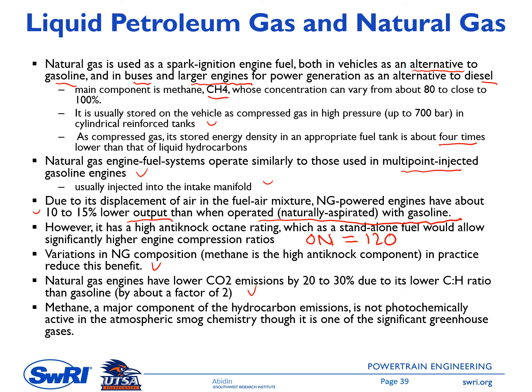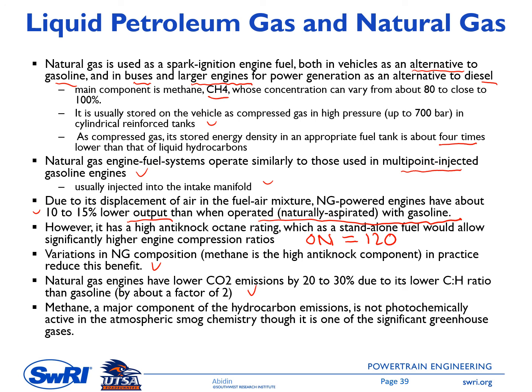And then natural gas engines have a lower CO2 emission by about 20 to 30% due to its lower CH ratio than gasoline. Okay, so natural gas, if it is, let's say, 100% methane, then we have CH4, so it has much lower CH ratio or much higher HC ratio compared to gasoline.